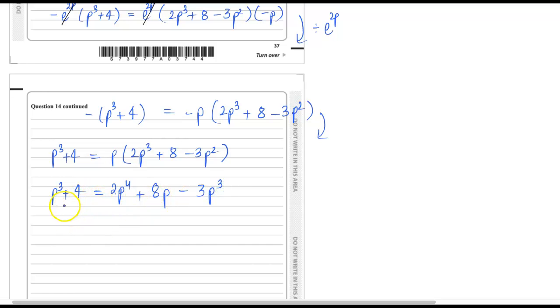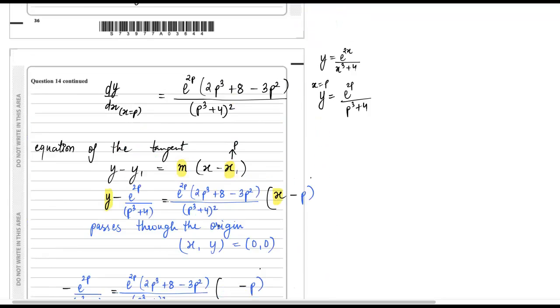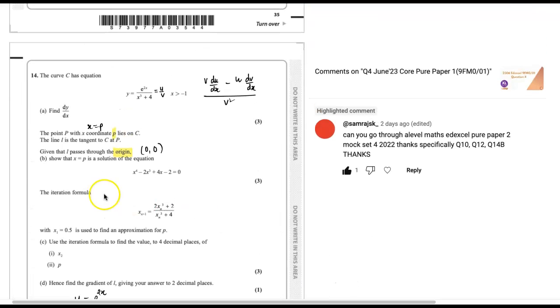If you move things around, we're going to be getting 2p raised to the power 4 minus 3p cubed and p cubed. If you move it there, we're going to be getting minus 4p cubed plus 8p minus 4 equals 0.